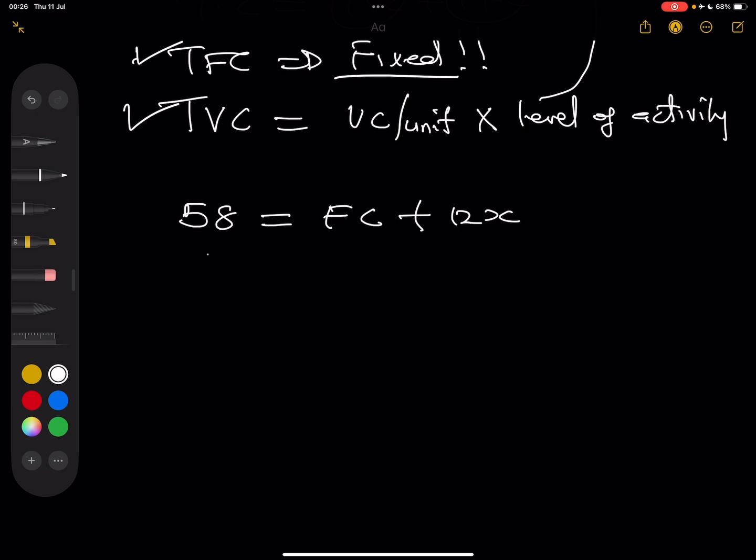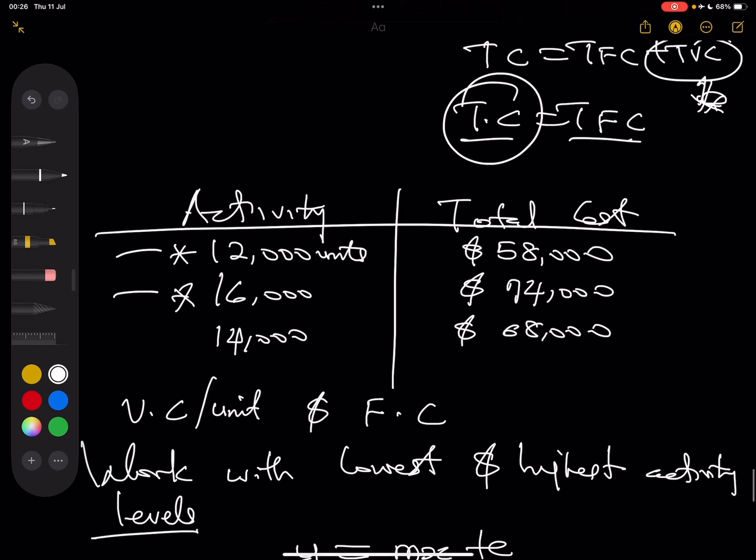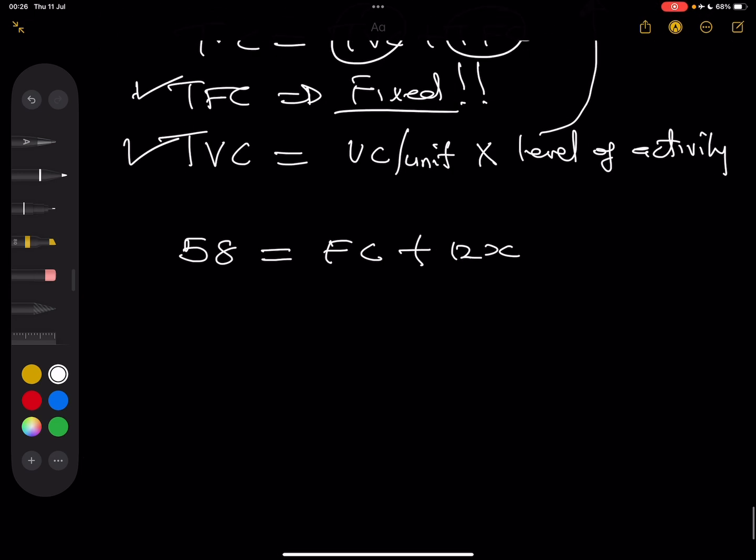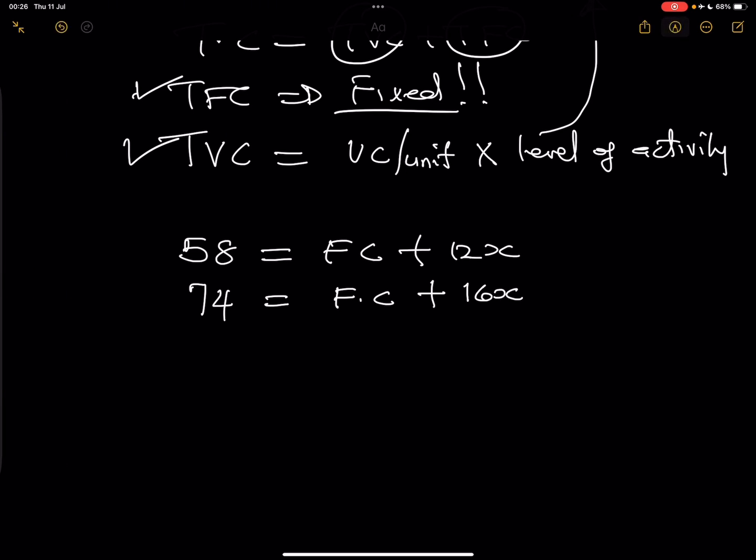And at a different level, the highest level of 16,000, we have 74 as total cost. So 74 equals the fixed cost that we're looking for plus the level of activity of 16,000, so 16X. So we have those two equations.